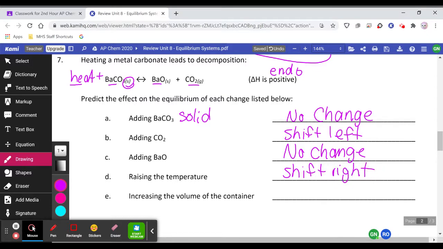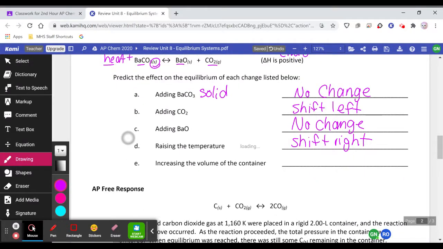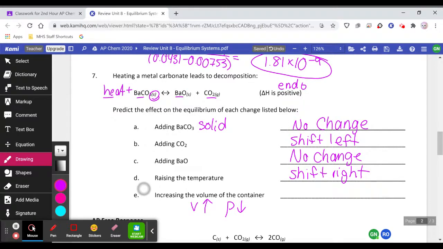And if we increase the volume of the container, okay, so if we increase volume of container, what's going to happen to our pressure? Our pressure will decrease, right? And so if our pressure decreases, where am I going to shift? We have to look at our moles, right, of gas.